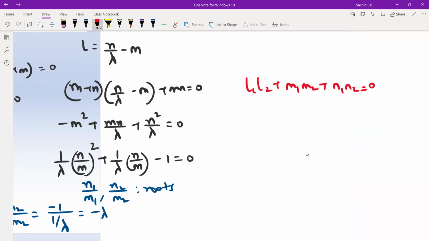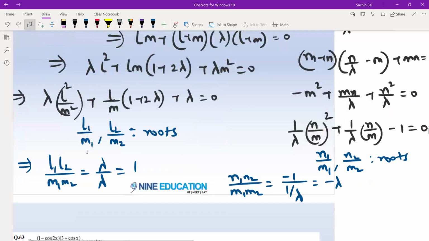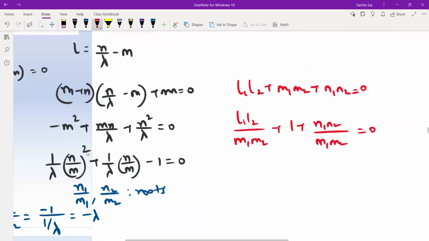Now if I divide by m1 m2 across this, I will get l1 l2 by m1 m2 plus 1 plus n1 n2 by m1 m2 equals 0. But what did we just find out? We found that l1 l2 by m1 m2 is 1 and n1 n2 by m1 m2 is minus lambda. So 1 plus 1 minus lambda is 0, which means lambda equals 2.